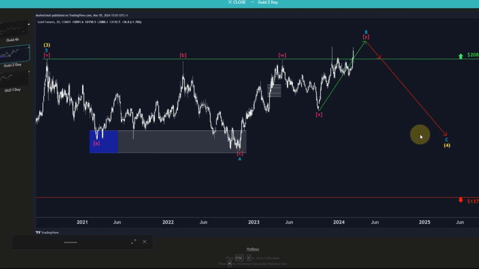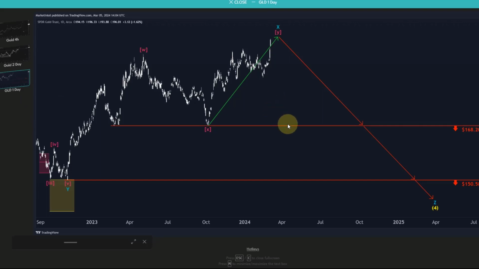Now, in a very similar way, let's talk about the GLD chart, because the GLD chart is in a very similar structure. Also here, this is the 1-day chart, by the way. Here on the SPDR Gold Trust chart, you can see that also here we are tracking this WXY structure to the upside in magenta, part of this blue wave X. So instead of tracking an ABC structure here on the GLD chart, we're tracking a larger WXY structure.